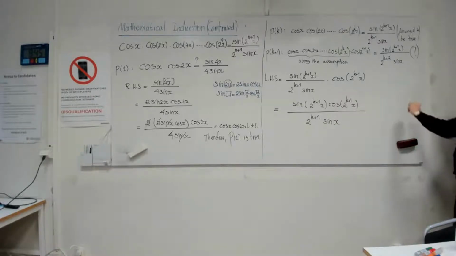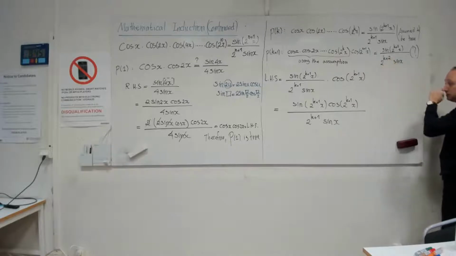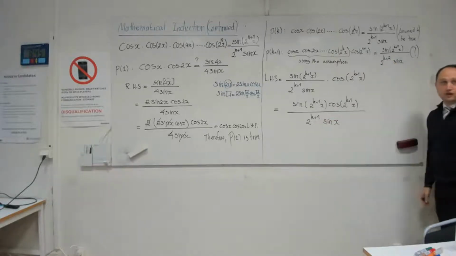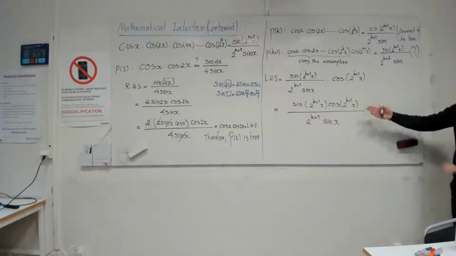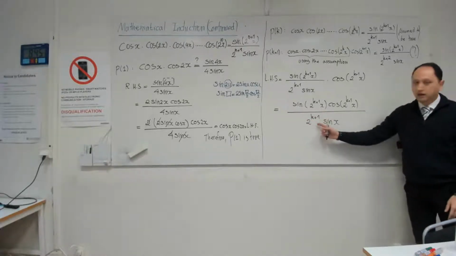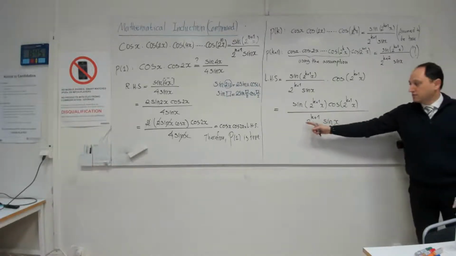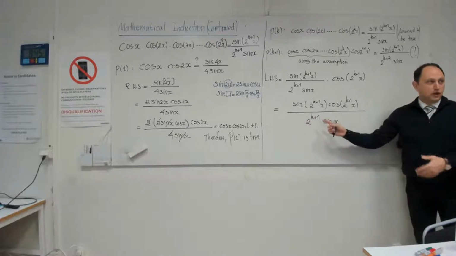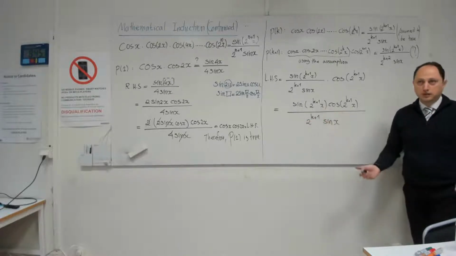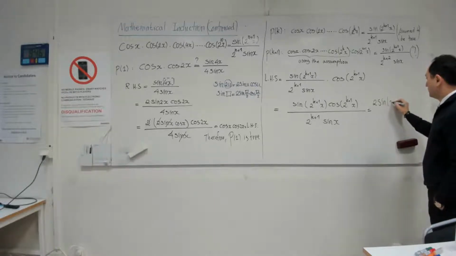Okay, and then the problem is that I need 2 to power k plus 2, but what I have here is 2 to power k plus 1. At least I need to make everything right. So one thing that I need to think about is to change this one to that one. And there is only one way to do that, multiply it by 2. But I cannot just multiply the denominator by 2. I have to multiply the numerator and the denominator by 2. So let me just multiply the numerator by 2.